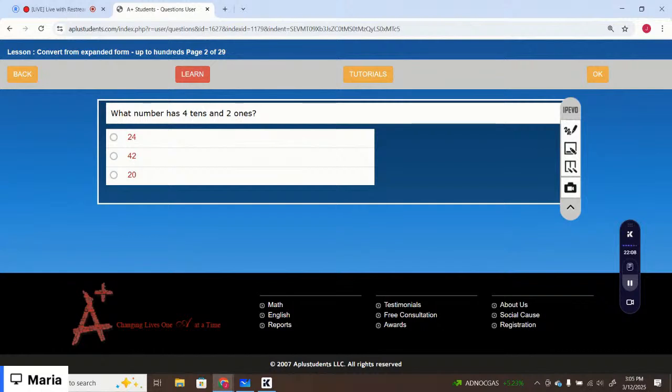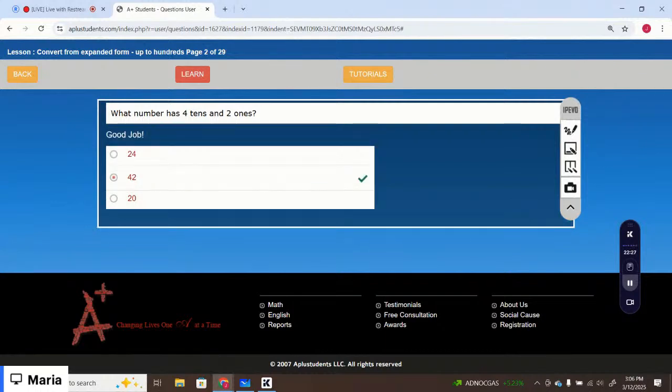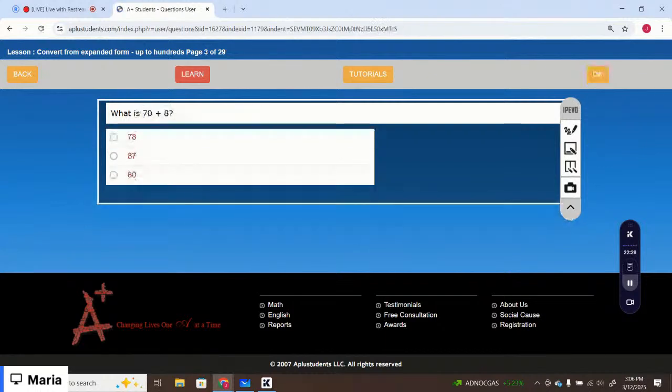What number has four tens and two ones? Four tens and two ones makes 42. Option number two is the correct option. What is 70 plus 8?